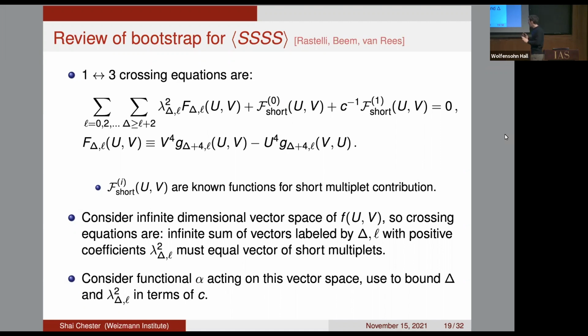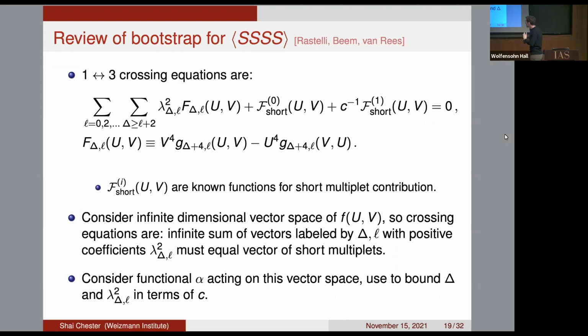Now on this vector space, we can consider a functional alpha, and we can use this functional alpha to bound the scaling dimensions and OPE coefficients in terms of C, because C shows up explicitly multiplying this F1 short. That's how we're inputting C into the bootstrap. Another way of saying it is that C is related to local CFT data, and that's why intuitively we knew how to input C into the bootstrap.